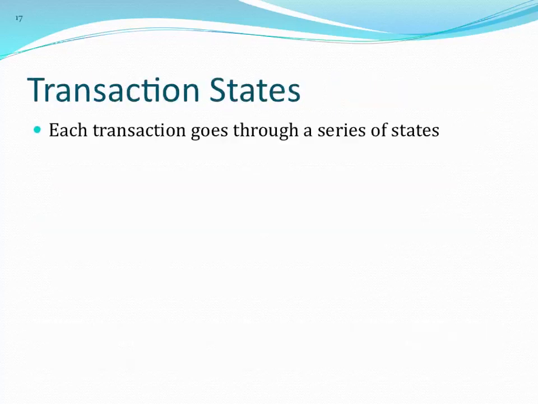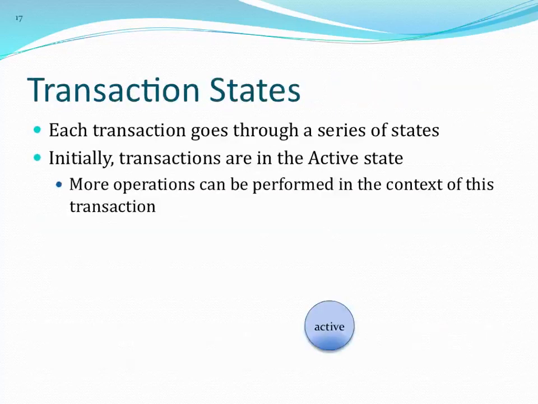All right. Now, transactions do go through a series of states. Obviously, when you perform your first operation against the database, and this is interesting to think about, every operation you perform against a database that supports transactions is actually done in a transaction, whether you do it or not.